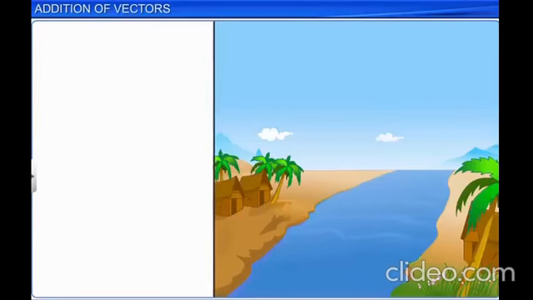Consider a man at point O on the left bank of a river. The man starts swimming towards point A on the right bank of the river in a direction perpendicular to the flow of the river, with the velocity represented by vector A. The man is also acted upon by the velocity of the water flowing in the river.